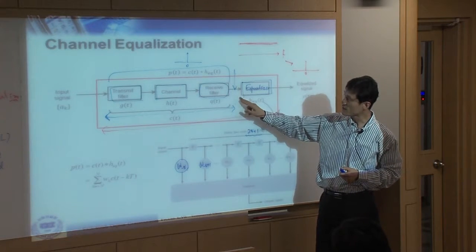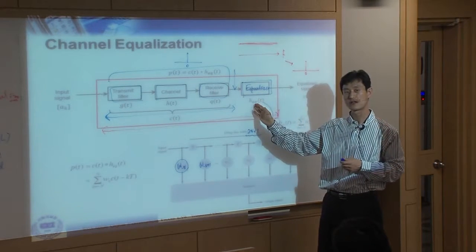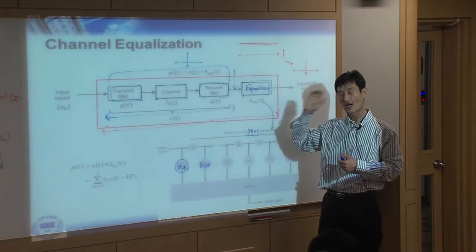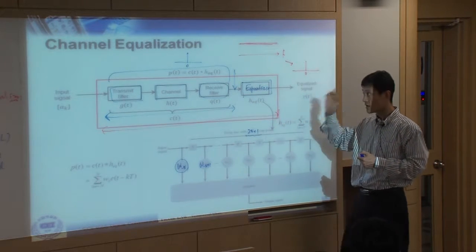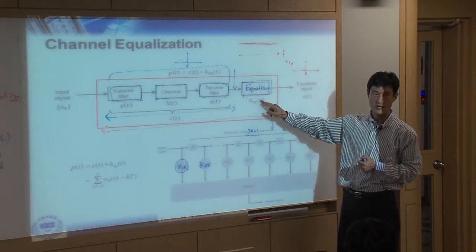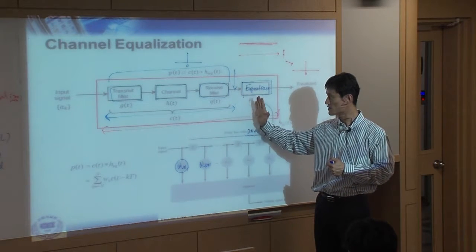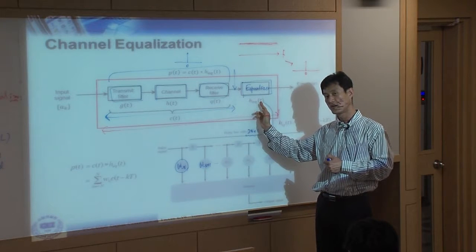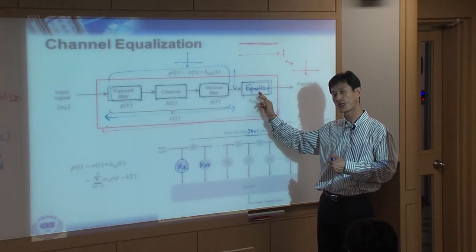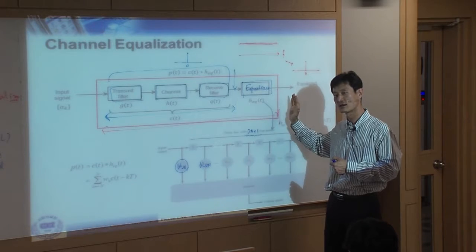So how much interference goes over to the equalizer will affect how many taps we need. If more interference terms go to the equalizer, our equalizer filter needs more taps.